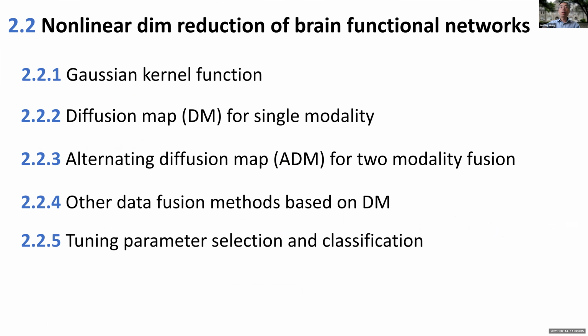I will describe how to perform the Gaussian kernel function and also the diffusion map for dimension reduction, both for a single modality and two modalities, and also discuss briefly the parameter selection.